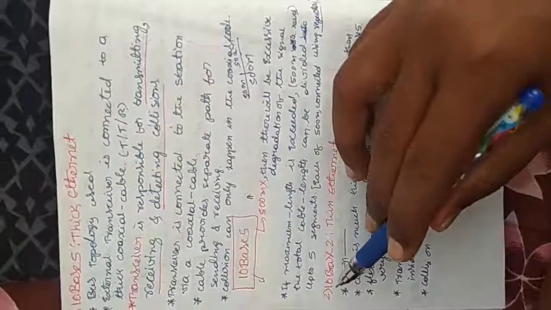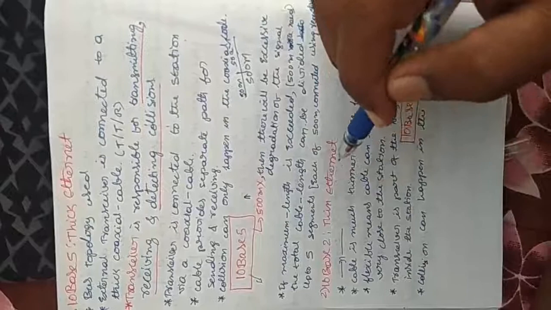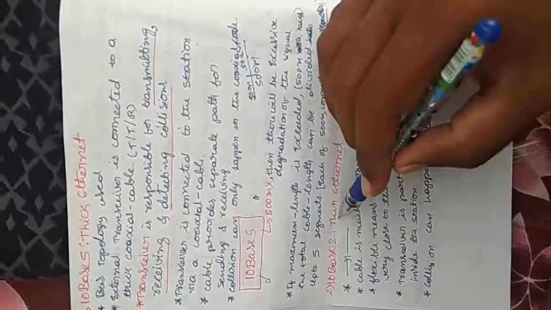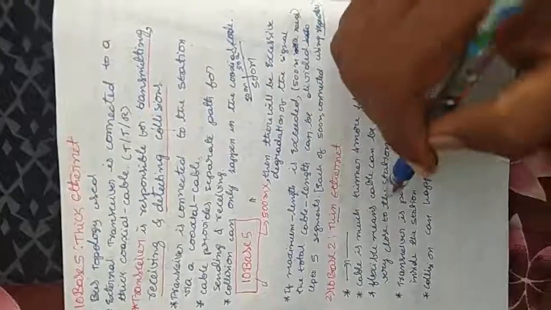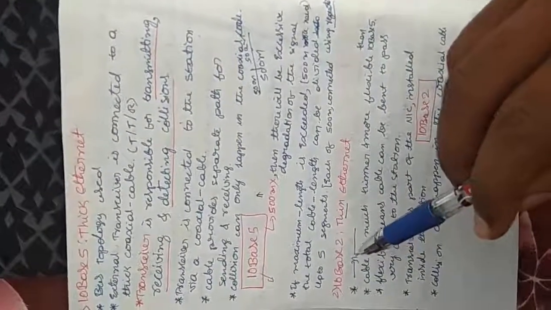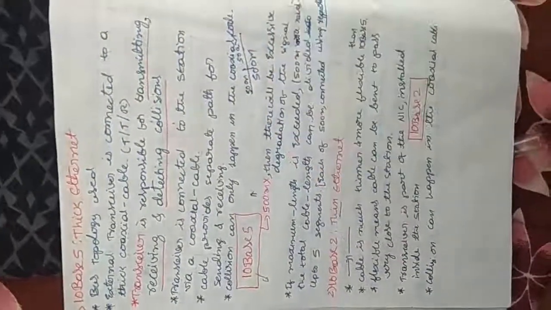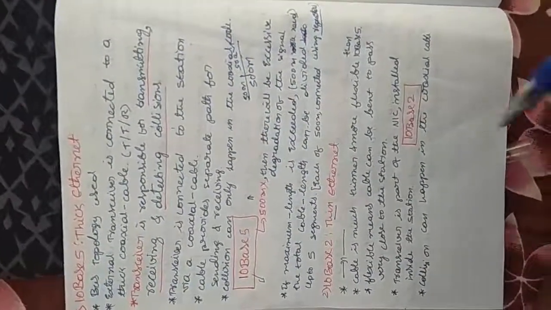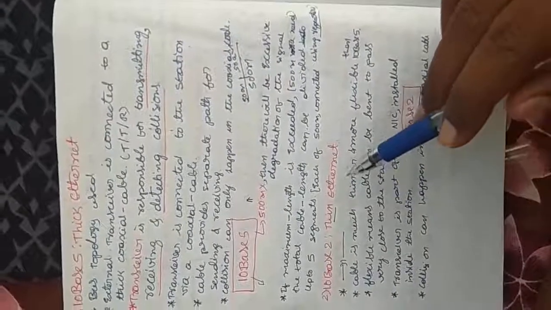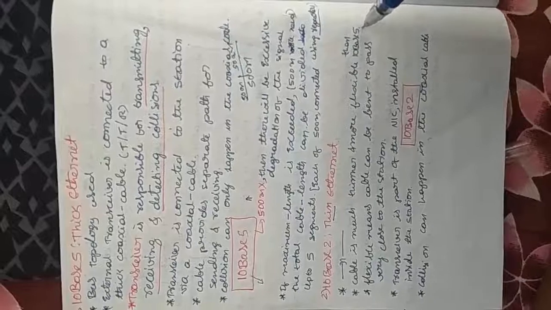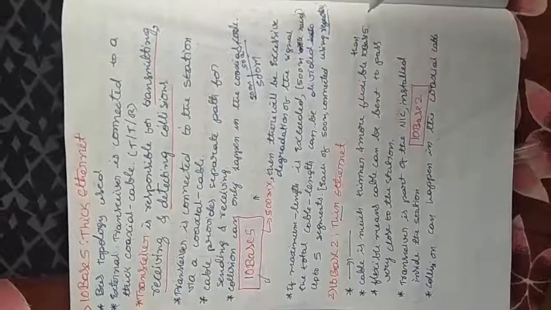Next one is 10Base2, thin Ethernet. Here we are going to use thin coaxial cable, and we are also using the same bus topology. The cable is much thinner and more flexible than 10Base5, the thick coaxial cable.